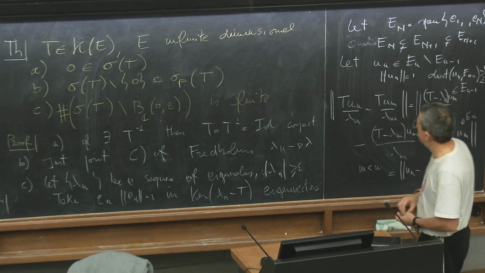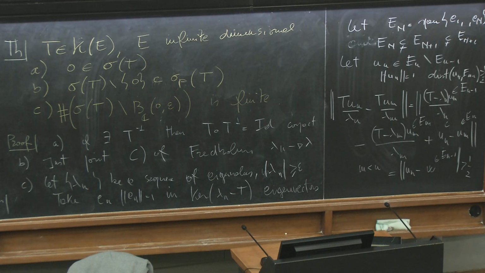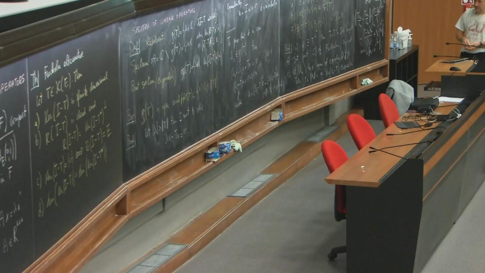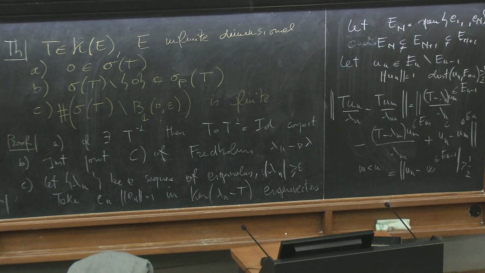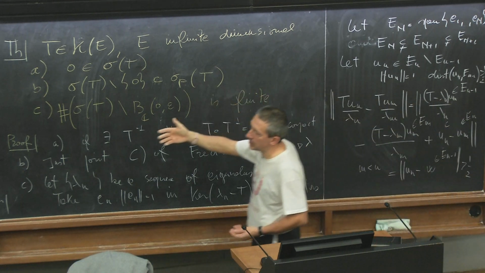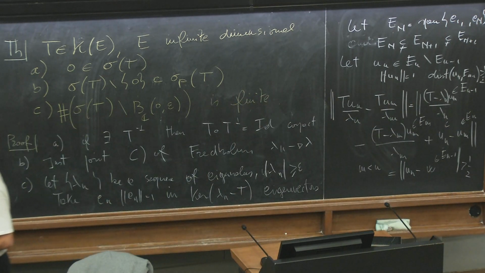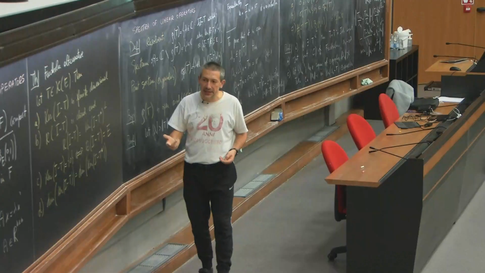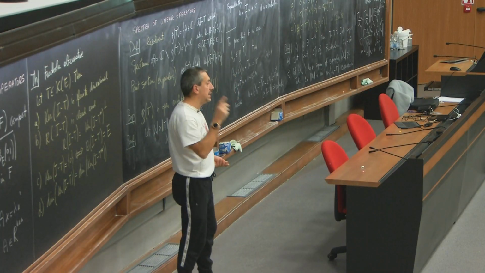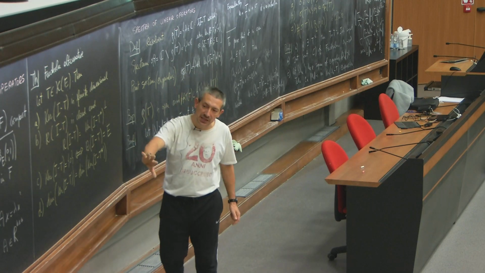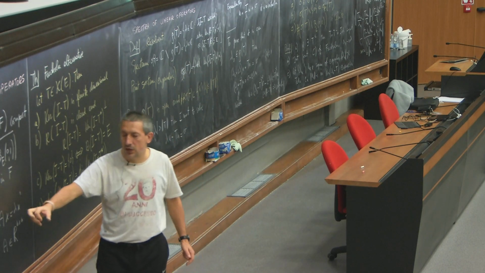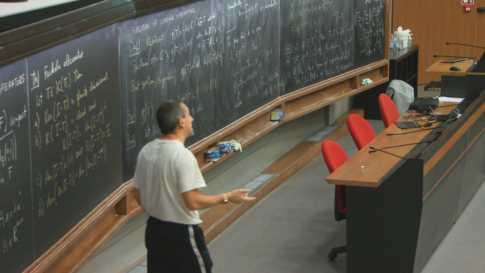I think we can improve the statement of part C, namely, the eigenvectors are also finite. Yes, because the kernel is finite dimensional, and we can say that the eigenvectors are finite. But since I'm not assuming anything about the vectors, it is like in the finite dimensional case where you can have generalized eigenvectors.